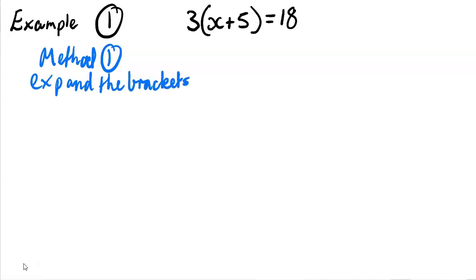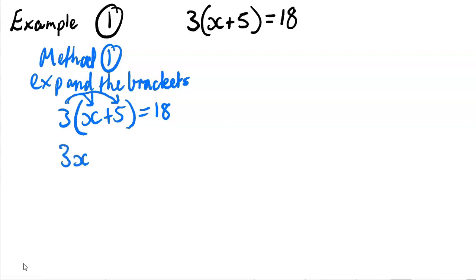So we've got 3 times x plus 5, all equal to 18. So expanding the brackets, remembering that 3 times everything within the brackets, that's 3x plus 15 equals 18.